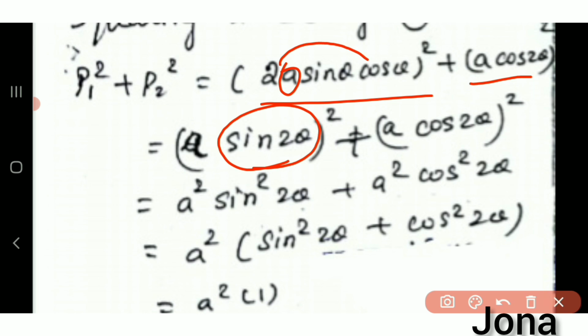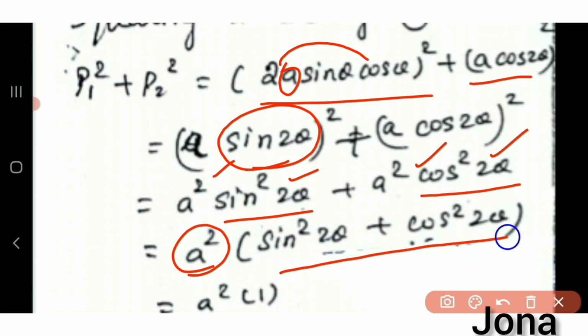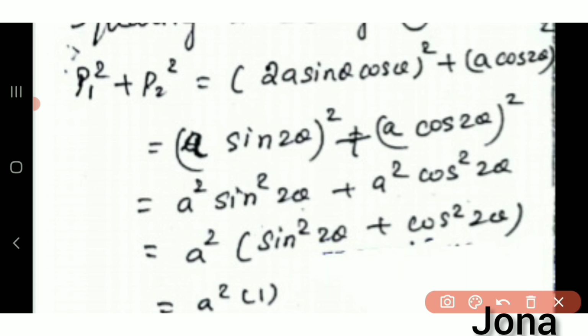If we square this, we have a square sin square 2 theta, and here a square cos square 2 theta. A square is common here, so that we have sin square 2 theta plus cos square 2 theta. This value is 1. Therefore, it is equal to a square. It's nothing but P1 square plus P2 square equal to a square.